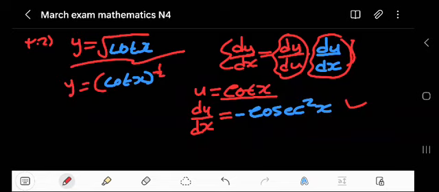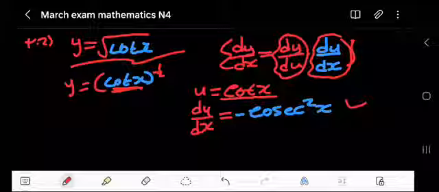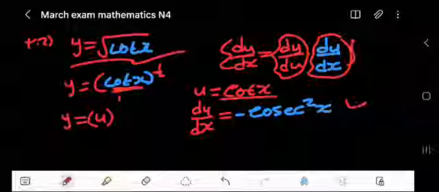We want dy over du. Since we have let cot x be equal to u, we simply have y equal to u raised to the power of 1 over 2.